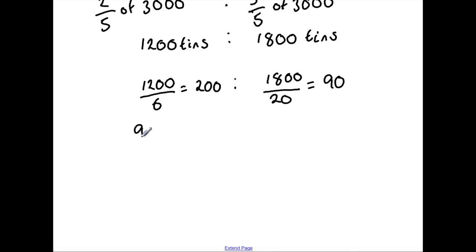So we're going to do 90 over 200 plus 90, which equals 90 over 290.